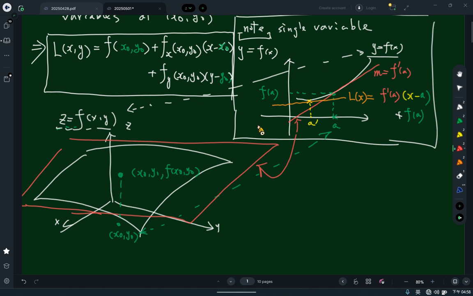So that means this point will be represented as (s0, y0, f of (s0, y0)). Its corresponding tangent plane will be a plane, right? Compared to single variable, it will be a tangent line. So we can say the tangent plane, this plane, is L of (s, y) equal to f of (s0, y0) plus partial f partial x at (s0, y0) times (s minus s0) plus partial f partial y at (s0, y0) times (y minus y0).